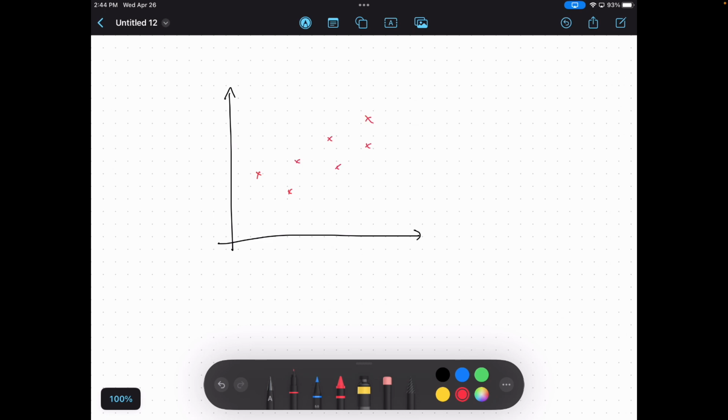If I draw a line here, this will be y equals beta times x, or beta 1 plus something like this.